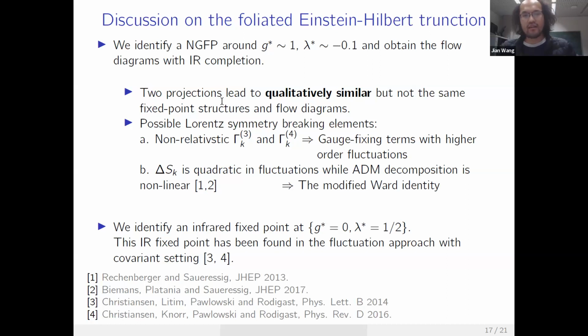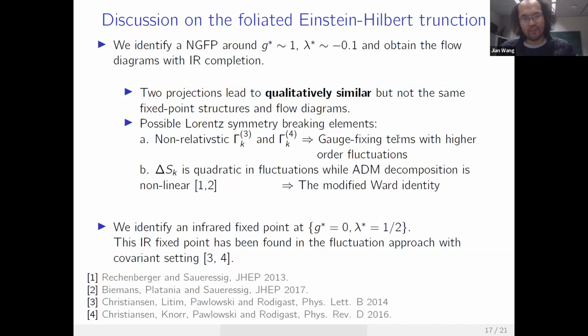So there are some possibilities to break the Lorentz symmetry in our computation. The first one is the one we already mentioned, where the 3-point and 4-point vertices are non-relativistic. This might be fixed by the higher order gauge fixing term, but in practice it's hard to do.